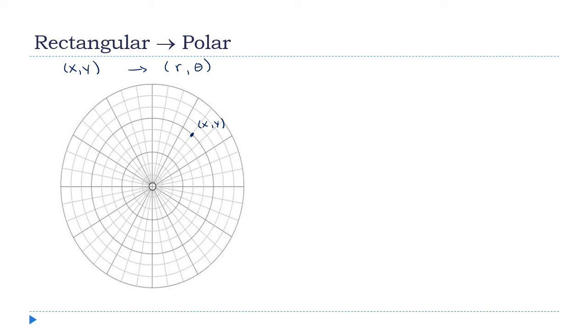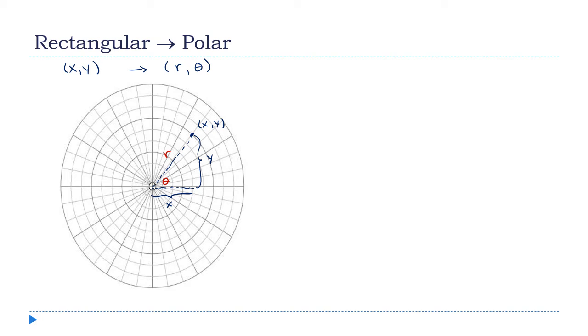I know that this distance over is x, and this distance up is y. And what do I want to know? I want to know what is this distance r, and what is this angle theta.